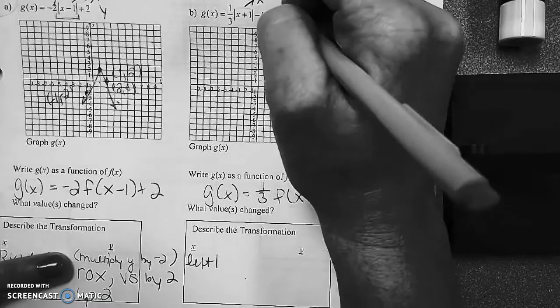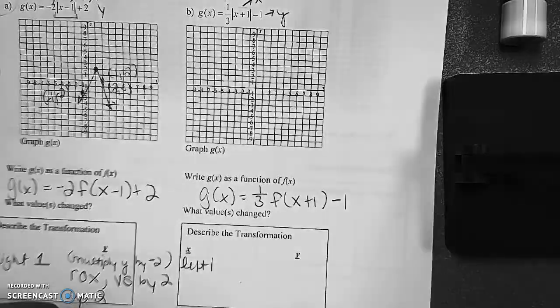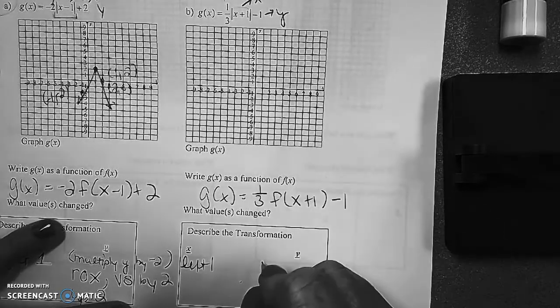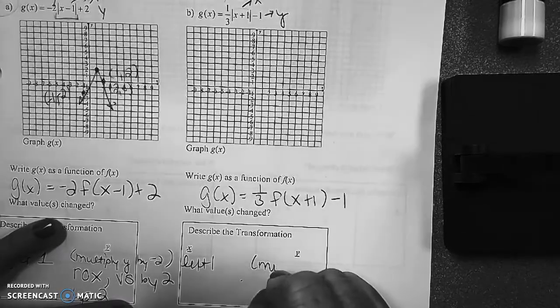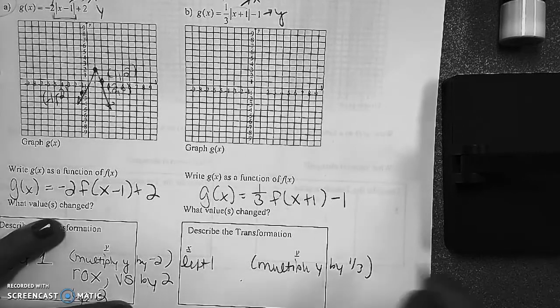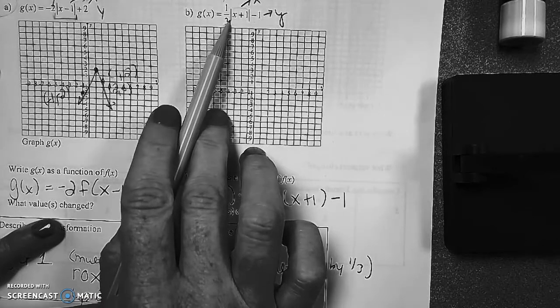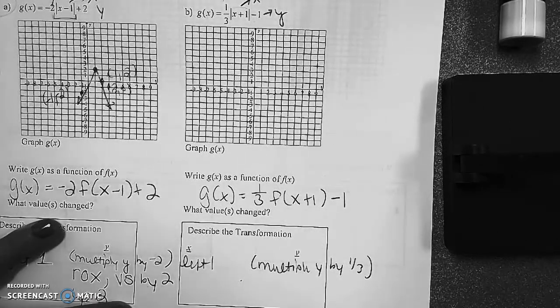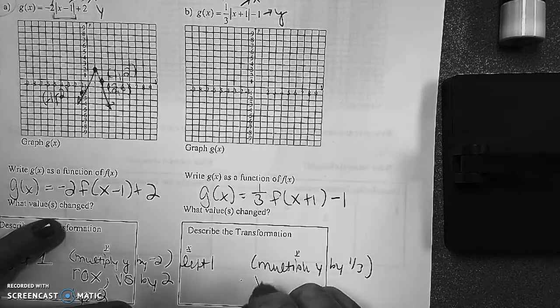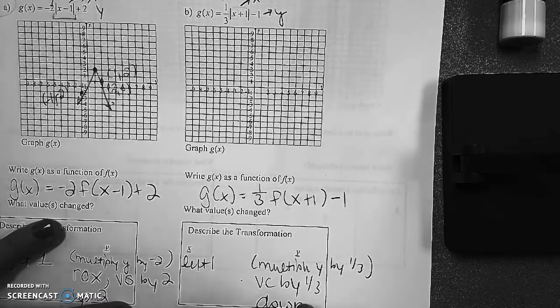The 1/3 and the negative 1 both change y's. The 1/3 is multiplying y by 1/3, and you do multiply before you do the subtraction, so order will matter. If you multiply by 1/3, numbers are getting smaller, so that's a vertical compression by 1/3. And then you're going to go down 1.